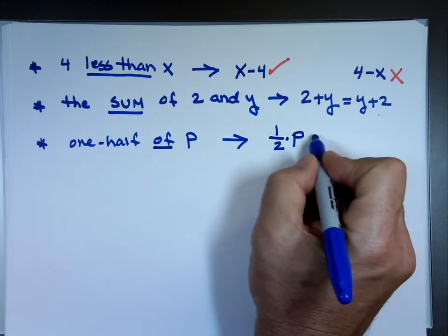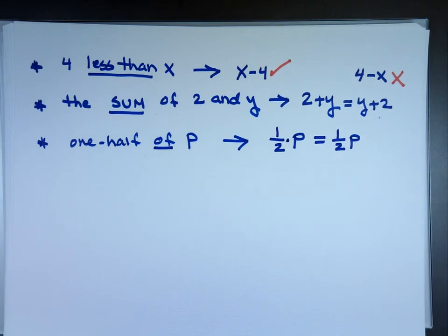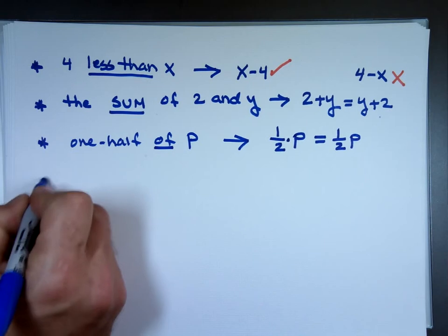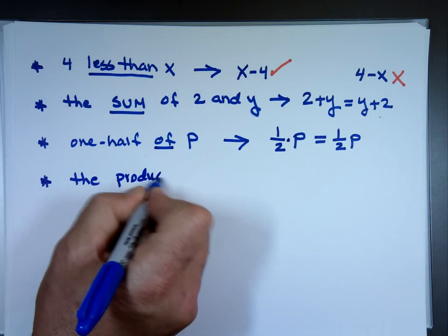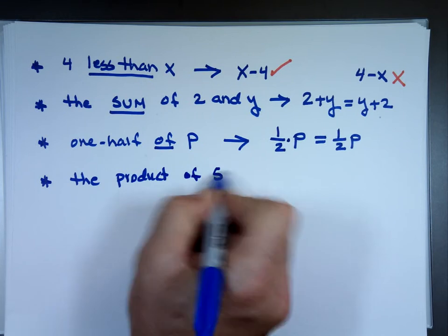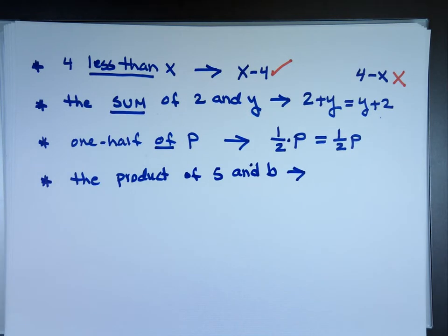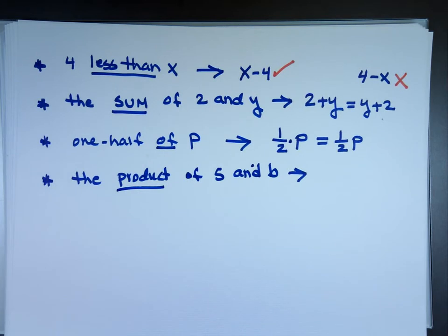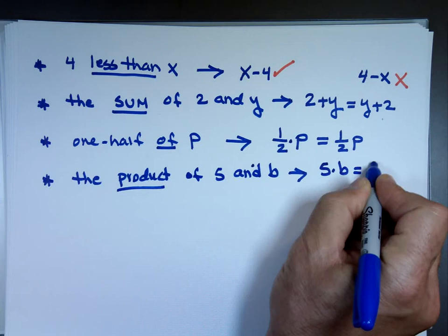Again, you can write that without the dot: 1/2 p. The product of 5 and b. Here's one of the keywords, product. That's what? Yeah, multiplication, yep. 5 times b, and you can write that as what? 5b.